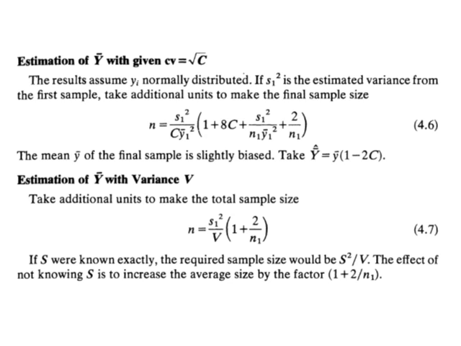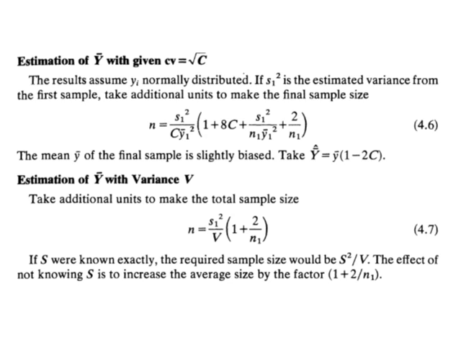If s1² is the estimate of the variance from the first sample, we take additional units to make the final sample size n = (s1²/(C Ȳ²)) times (1 + 8C + s1²/(n1 Ȳ²) + 2/n1).